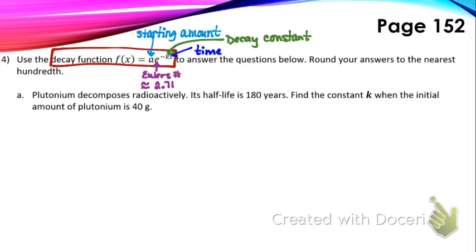All right, plutonium decomposes radioactively. Its half-life is 180 years. So what that means is it takes 180 years to have half the original amount left.